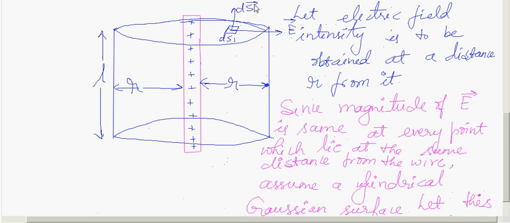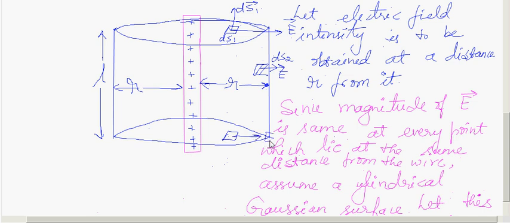So the angle between ds1 and E is 0. Similarly we will assume another area on the two plane surfaces and one curved surface. So here E and ds are in the same direction. ds2 and E are in the same direction. The angle is 0. Similarly we will assume another surface here.